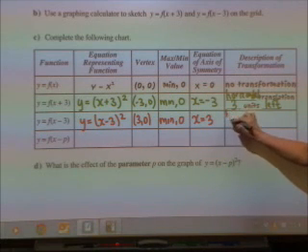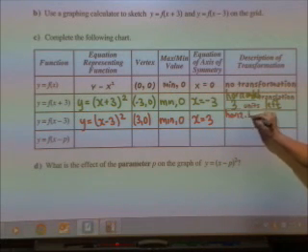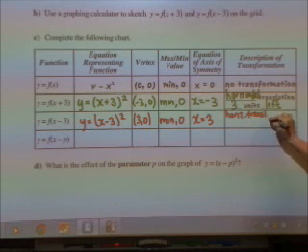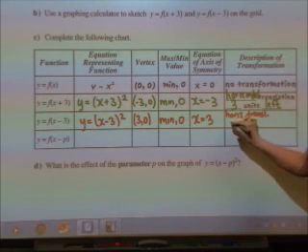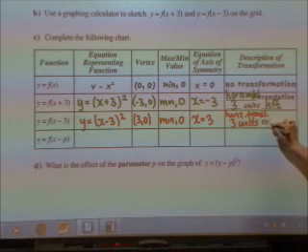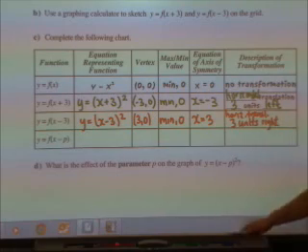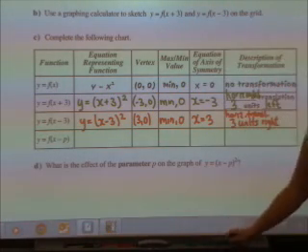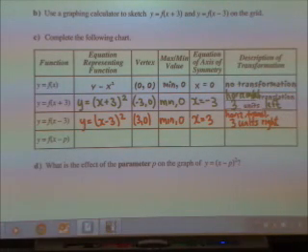So I have a horizontal translation again. How many units? 3 units, right? And the last row looks at a generic p-value, where p could be anything.